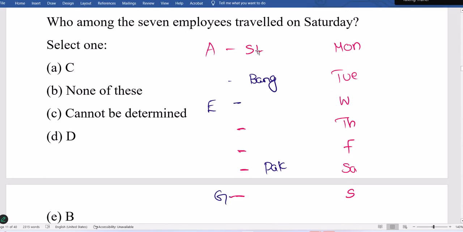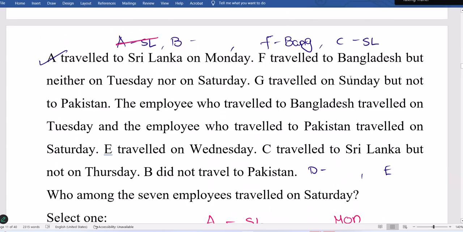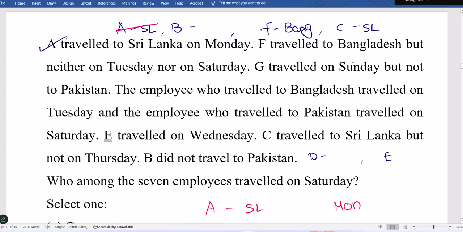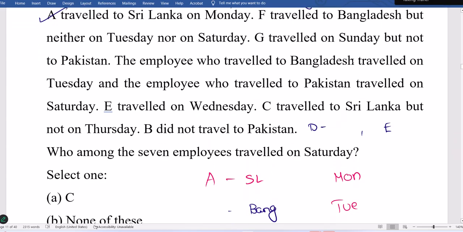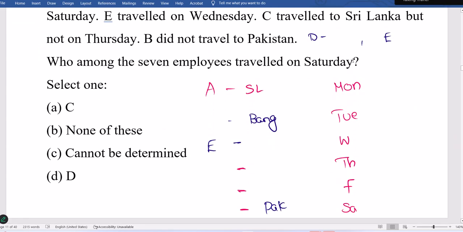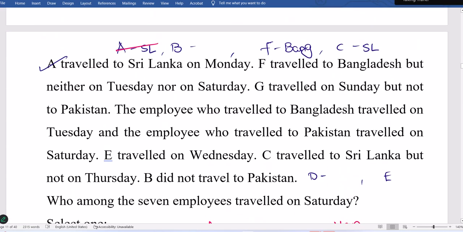Two for Sri Lanka: A and the other candidate, C. For Bangladesh, we can see F and there is one more person minimum. So two people minimum for each country.